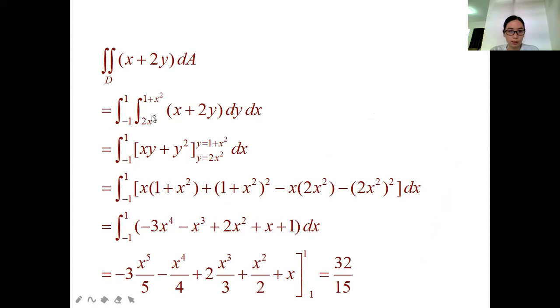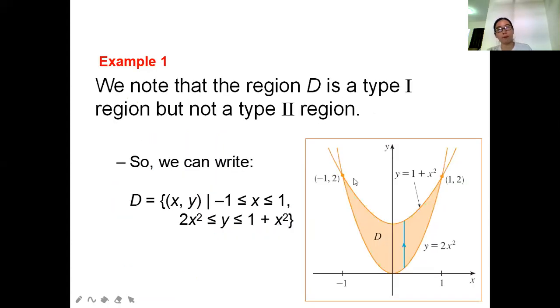So, we write that as the integral of x plus 2y dy dx from 2x squared to 1 plus x squared, then from negative 1 to positive 1. Okay? So, inside is the y limit, no? Our limit according to the y-axis.